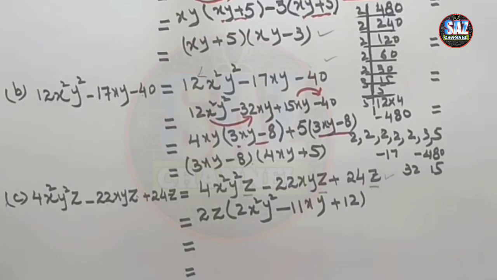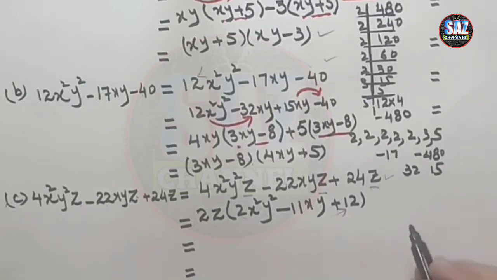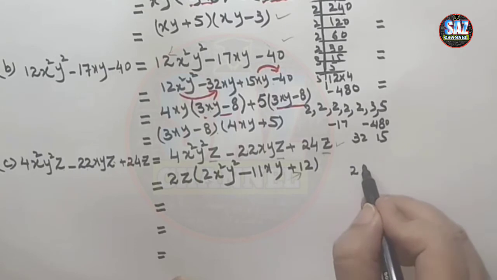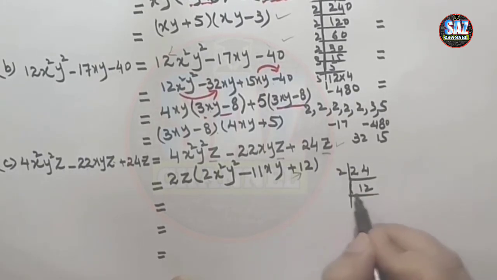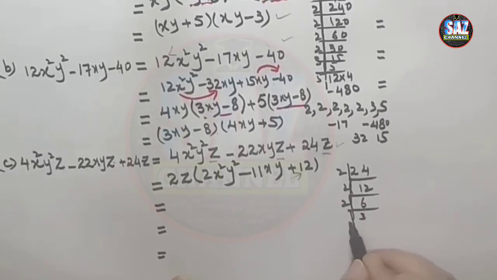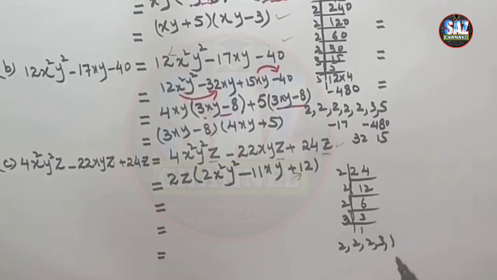Now inside the bracket I have the quadratic expression. Now the procedure is easy and the same: I will multiply 12 by 2 and that product comes 24. Make the prime factors quickly. 2 12s are, 2 6s are, 2 3s are, and 3 1s are. Write down all factors 2, 2, 2, 3 and 1.